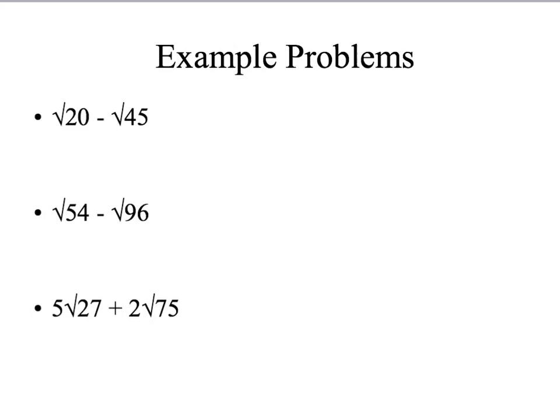So here's some example problems. Here we have the square root of 20 minus the square root of 45. The square root of 20, that's going to be 4 times 5, right? 2 times 2. So this is going to equal the square root of 2 times 2 times 5 minus, this is 9 times 5 is 45, and 3 times 3.